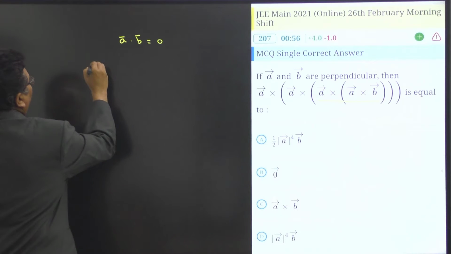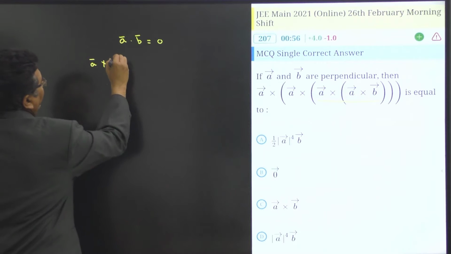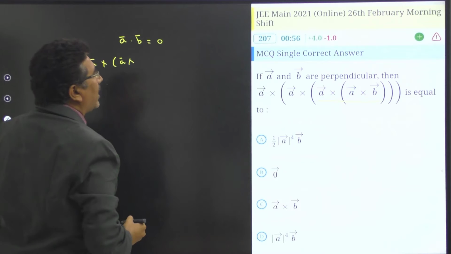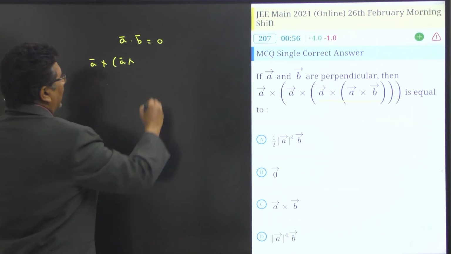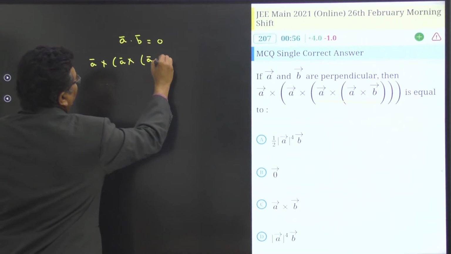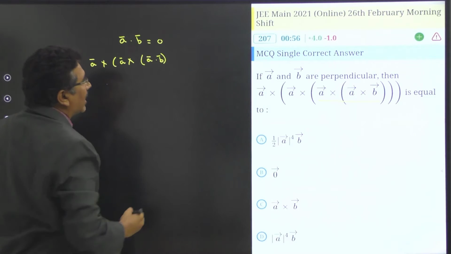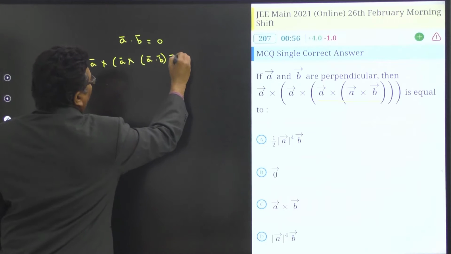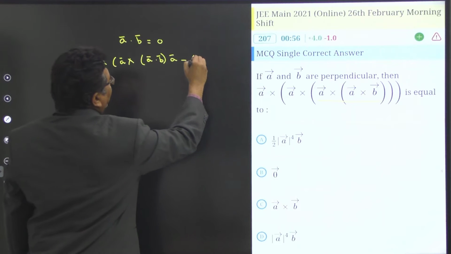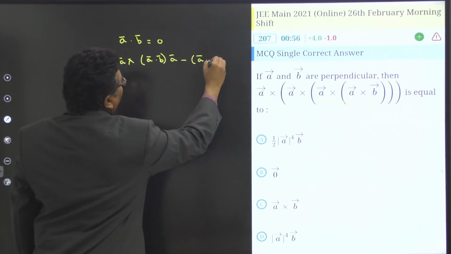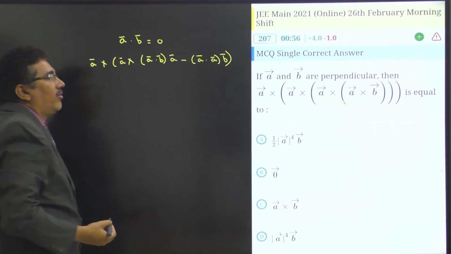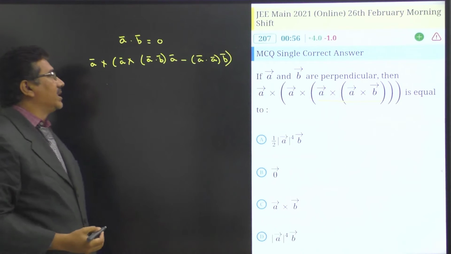For A bar cross A bar cross A bar cross A bar cross B bar, the definition gives A bar dot B bar into A bar minus A bar dot A bar into B bar. That is the vector triple product definition.